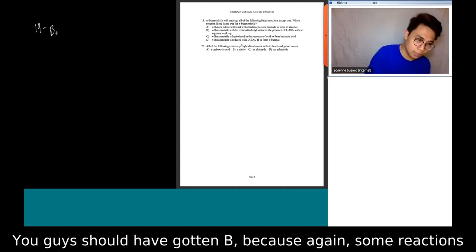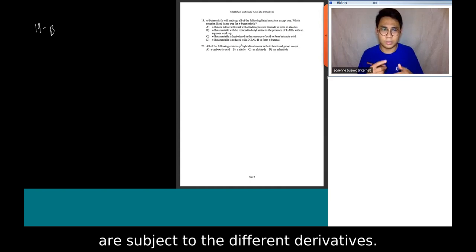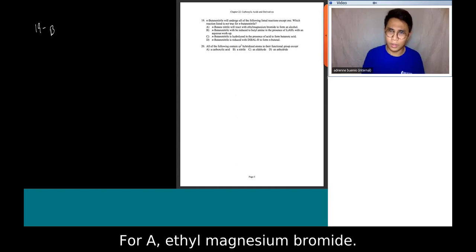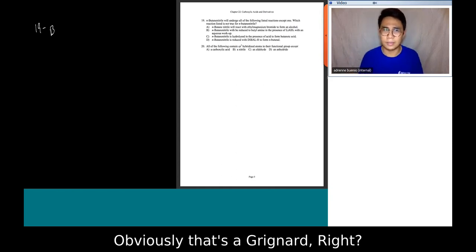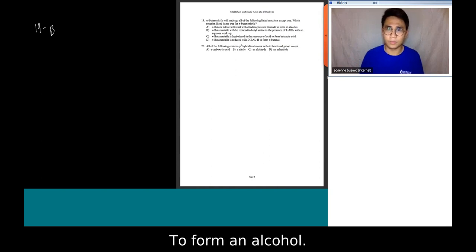You guys should have gone B because some reactions are specific to different derivatives. In this case, you can just follow what they're saying. For A, ethyl magnesium bromide, obviously that's Grignard, right? To form an alcohol.